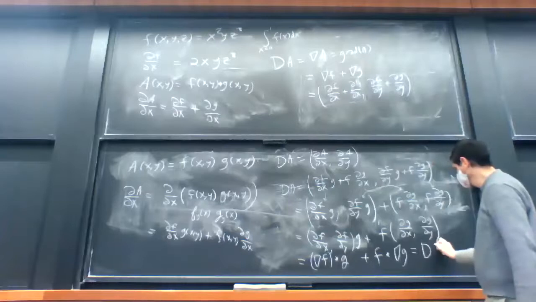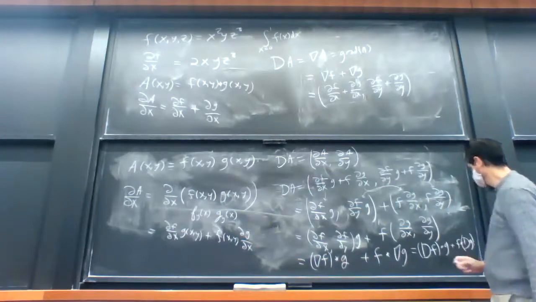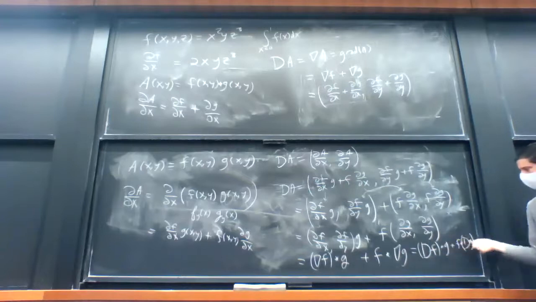What we want is df times g plus f times dg. Doesn't this look a lot like the product rule?